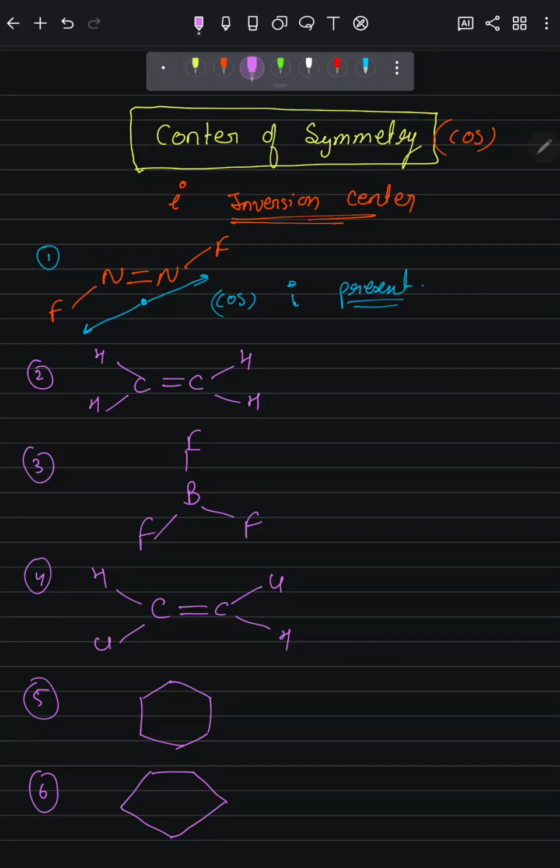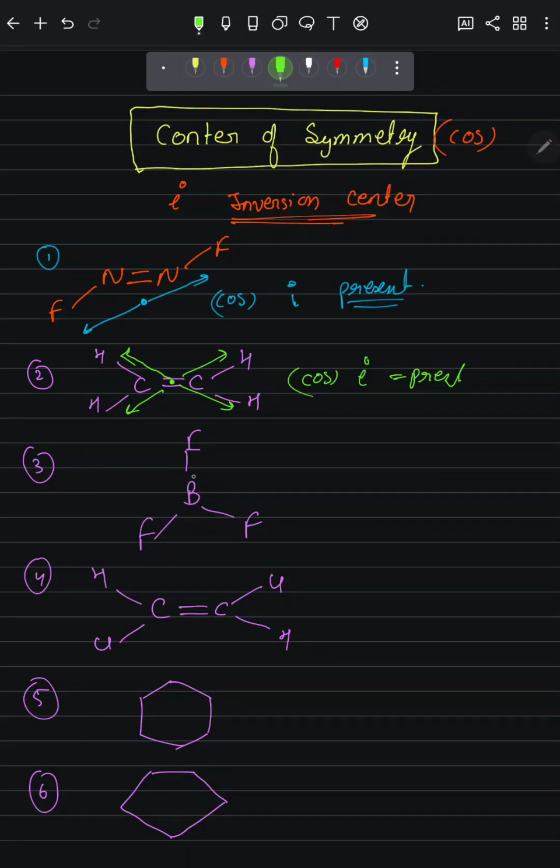So these are a few examples. Let's discuss whether the center of symmetry is present in this molecule. How will we check? If we put the center in the middle of this alkene and go from here and here, the same elements are present. So a center of symmetry, or inversion, is present here. Let's talk about the BF3 molecule.